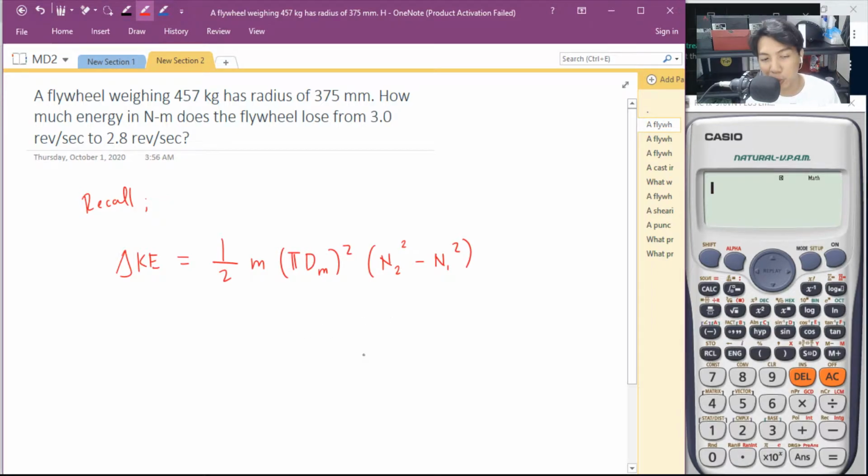Now, ano yung mga units nito? Yung M mo, kilogram. Yung D mo, dapat meter. Ang unit nito is revolutions per second. Ganun din ito.